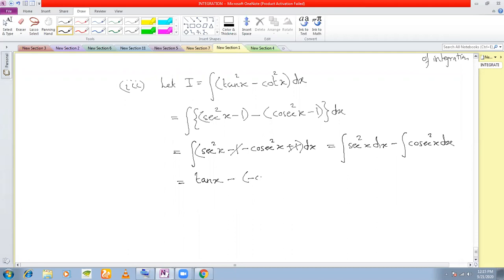It is minus cot x. So you get tan x plus cot x plus c as your ultimate answer, where c is a constant of integration. Okay.